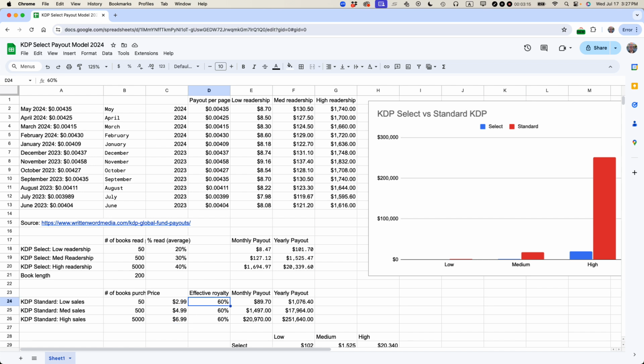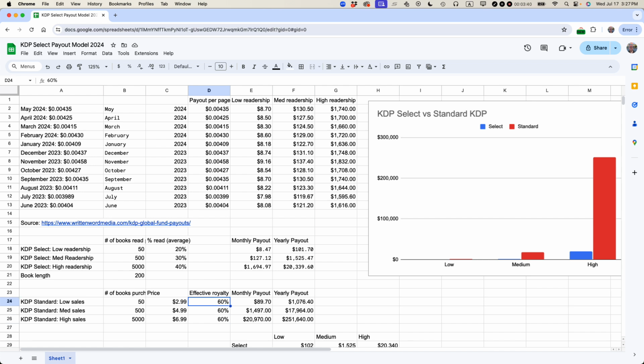And then the effective royalty rate. In KDP, if you're priced below $10, the royalty rate is actually 70%. But that doesn't include things like images being downloaded or long books, and usually the effective royalty rate is chipped away by all these extra costs. In my case, it works out to about 55%, not 70%. But let's say that it's 60% here. And I could change these and make slight changes.